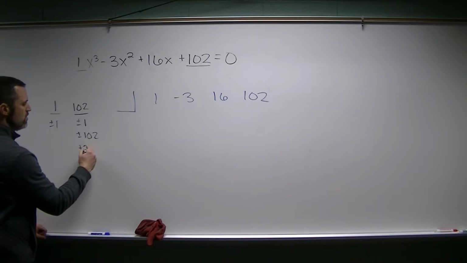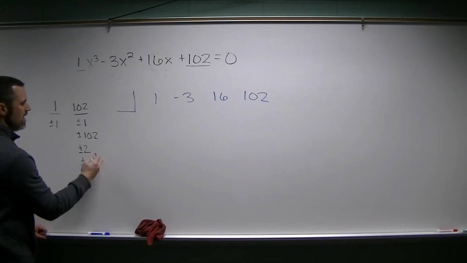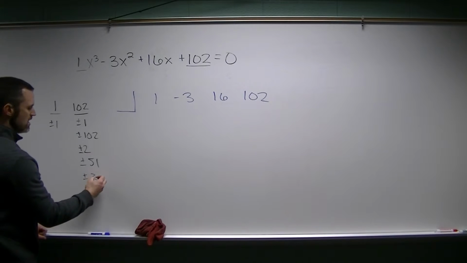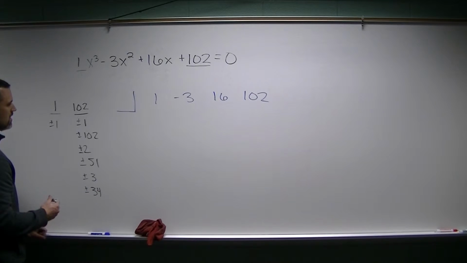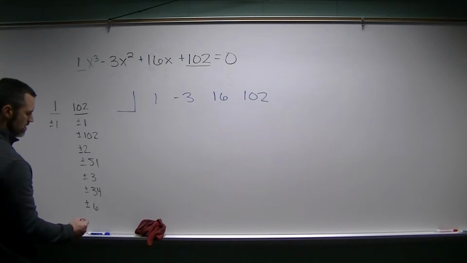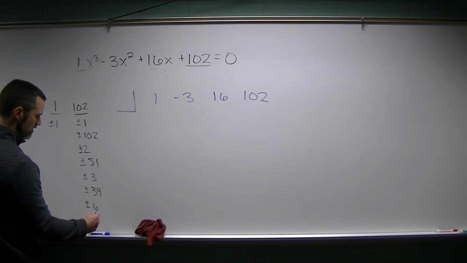Positive and negative 2, I know that's because it's even. Positive and negative 51, half of that, because I used the 2. I also know that 3 is going to divide that, so positive and negative 3, and then positive and negative 34. Oh yeah, this one also has positive and negative 6, 6 and 17, so positive and negative 17.